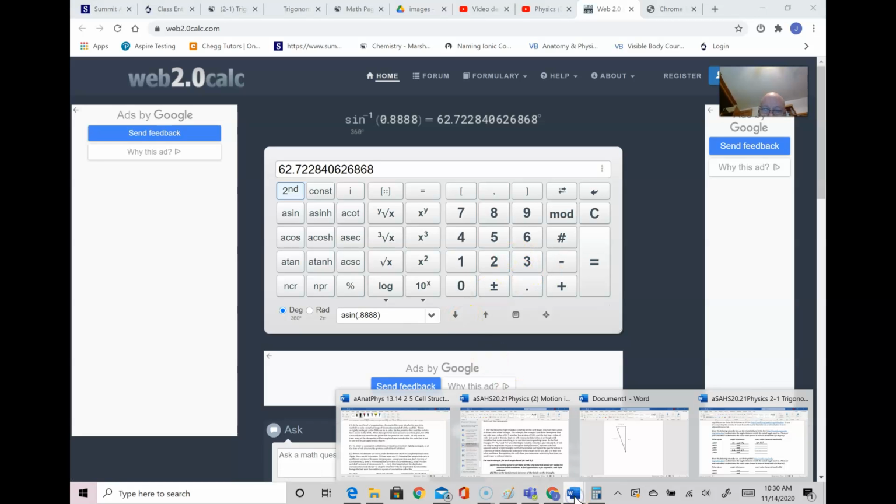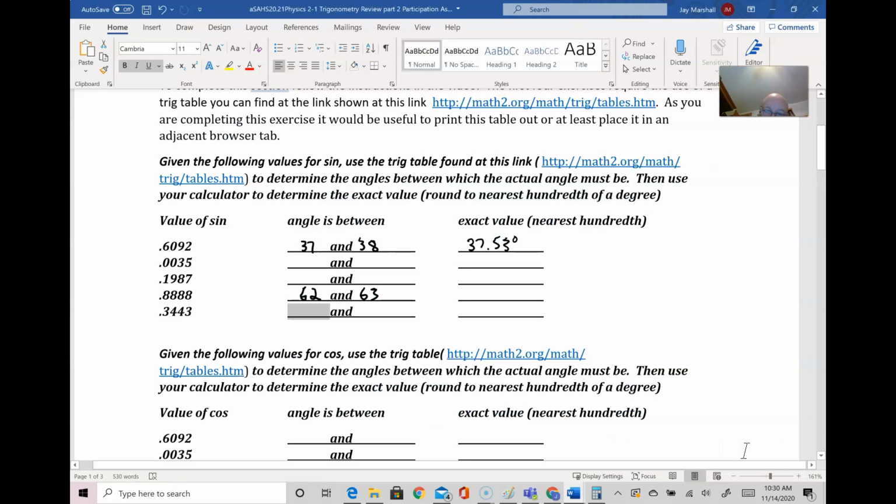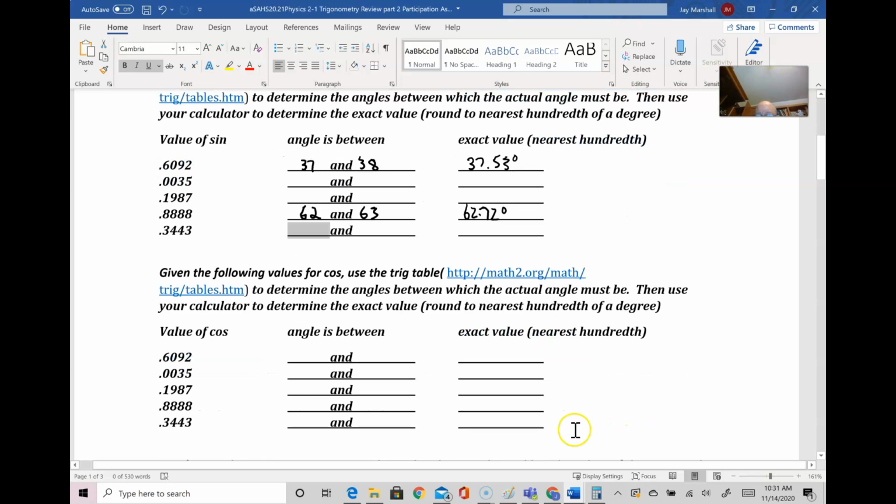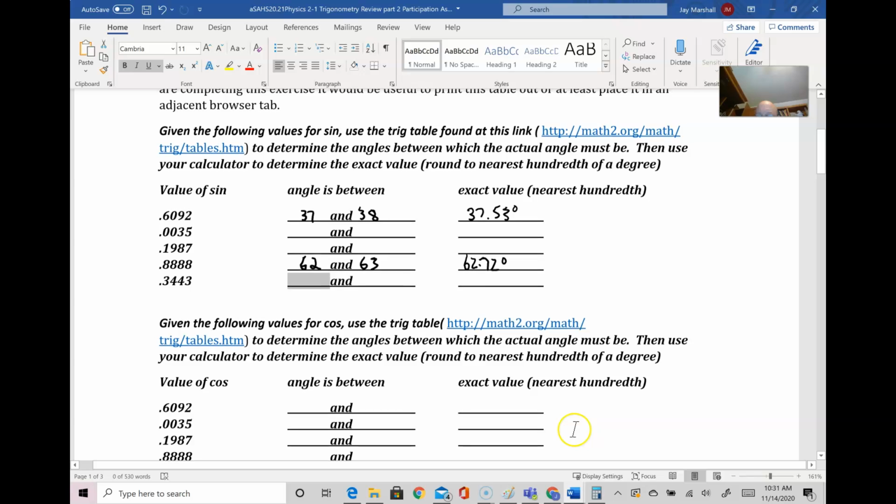So again, we confirm that this is somewhere between 62 and 63 degrees. 62.72 degrees. Okay. So that's what I want you to do with the sines.